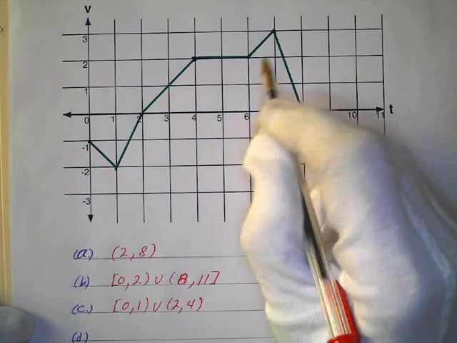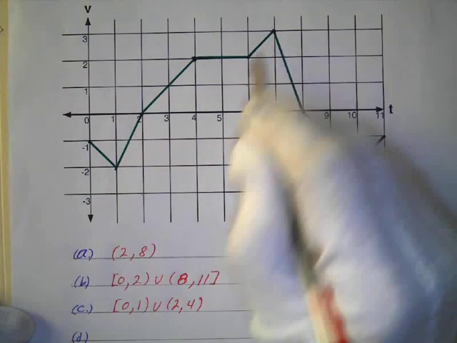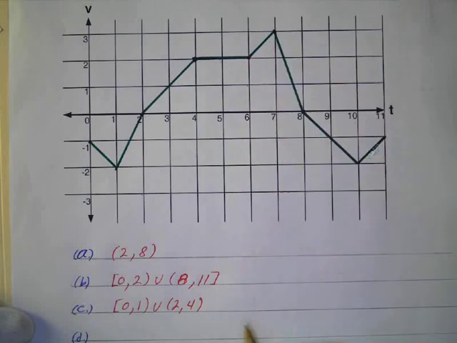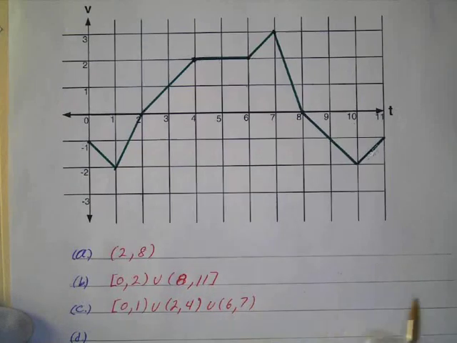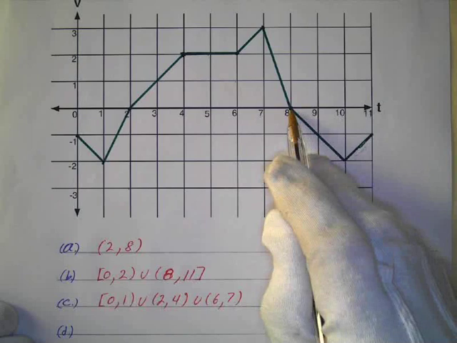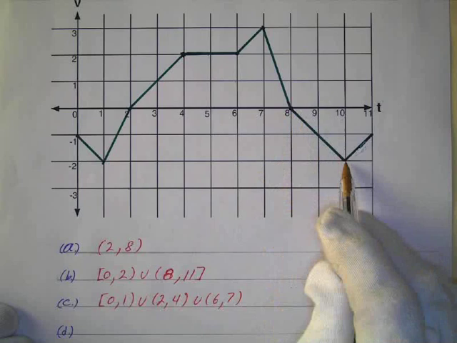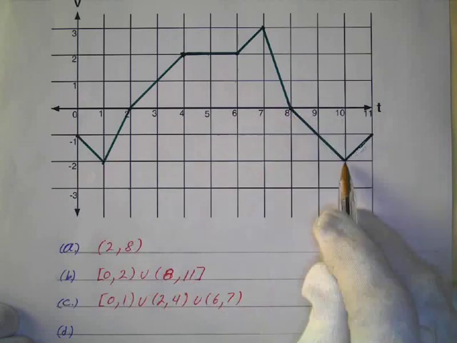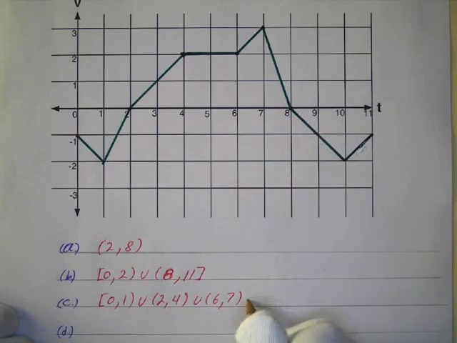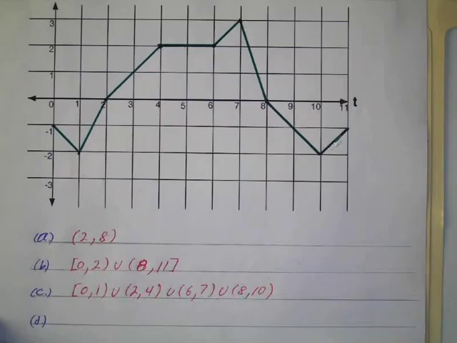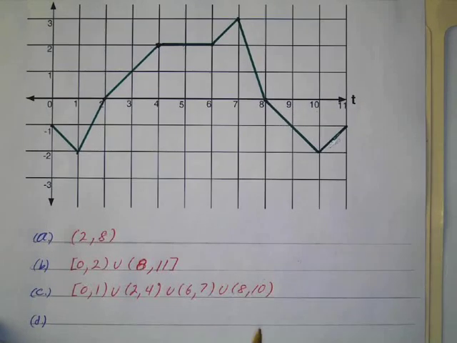Okay, then it's also moving away from the 0, or the slope is positive and the velocity is positive between 6 and 7. And it's also moving away from the 0, or the slope is negative and the velocity is negative between 8 and 10. Okay. So all that's where the particle speeds up.